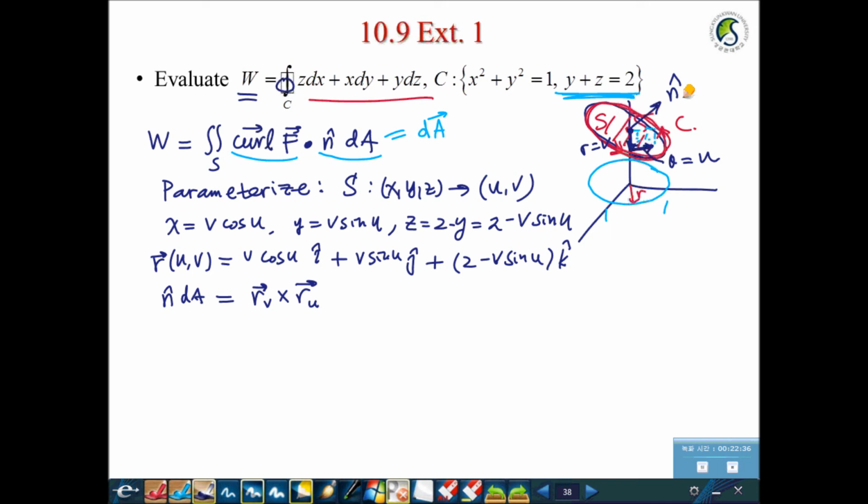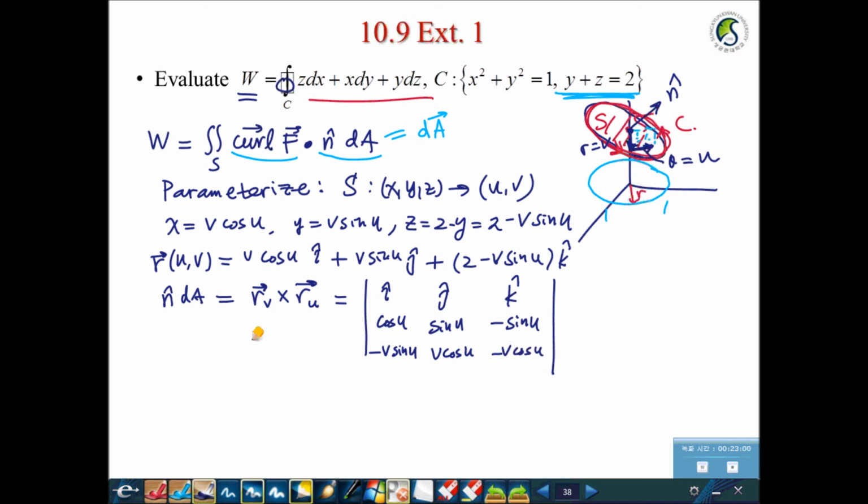To calculate it, that's i, j, k, cosine u, sine u, minus sine u. R_u is with respect to u and v: minus v sine u, v cosine u, minus v cosine u.